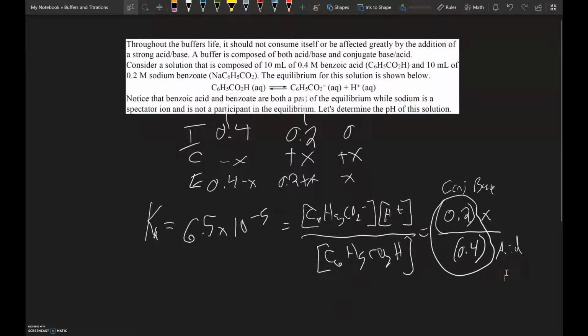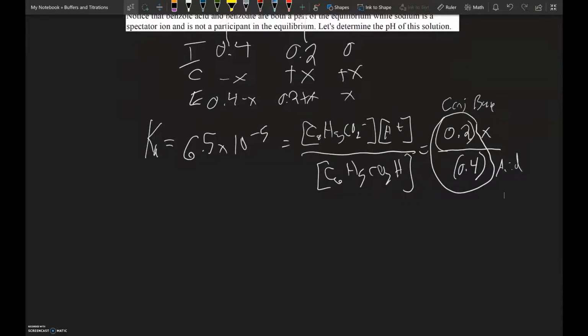So what we need to do now is plug it in and solve for the value of x. So x is going to be equal to 6.5 times 10 to the negative 5 multiplied by 0.4.